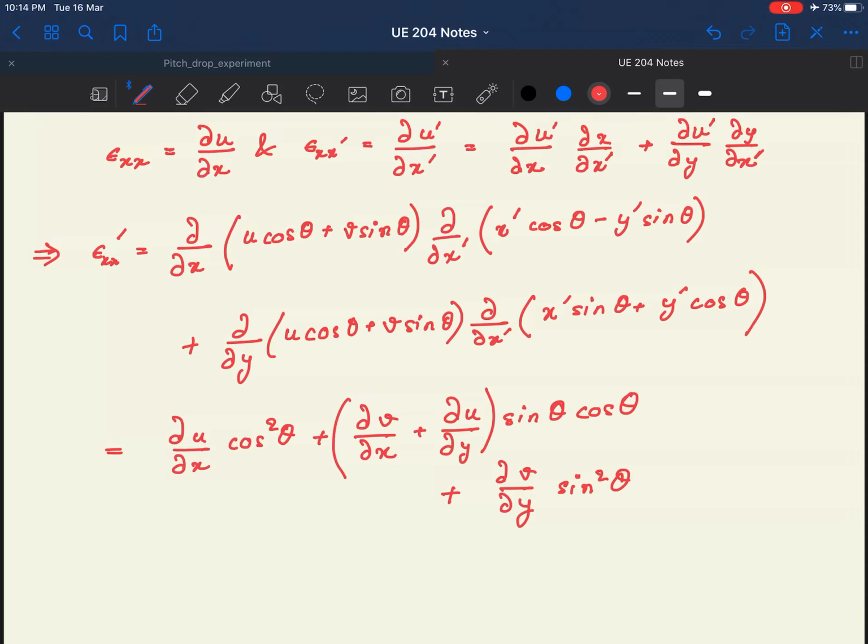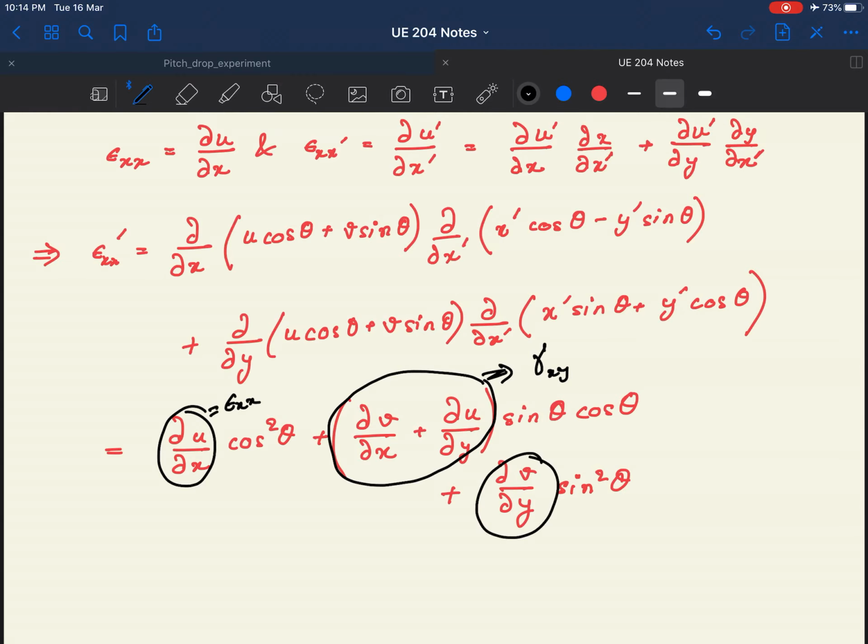Now we know that this is nothing but epsilon xx, this term here is my gamma xy, and this is epsilon yy.